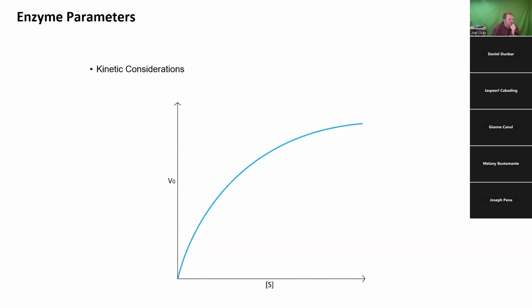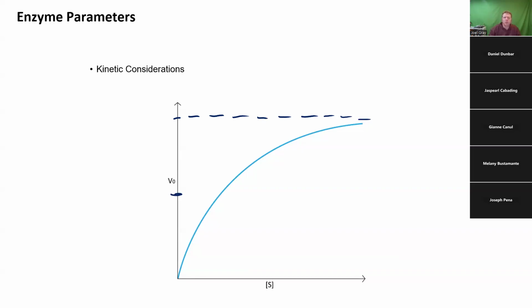Now, if I were to project onto this some of the important parameters for an oxygen binding curve, we've got our y-axis, which is our saturation point. And then we've got this halfway point.